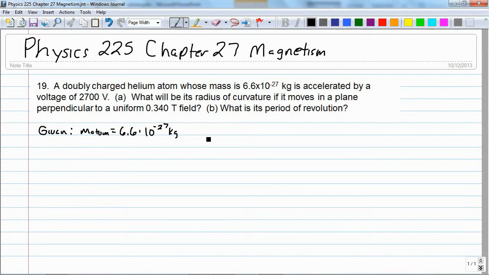We are given the charge Q of the atom, which is equal to twice the electron charge, that's 2 times 1.69 times 10 to the minus 19th coulombs.